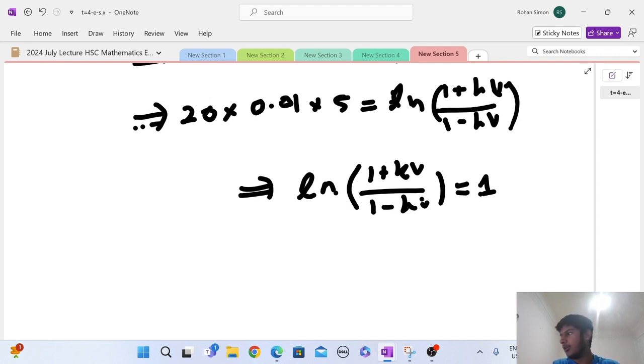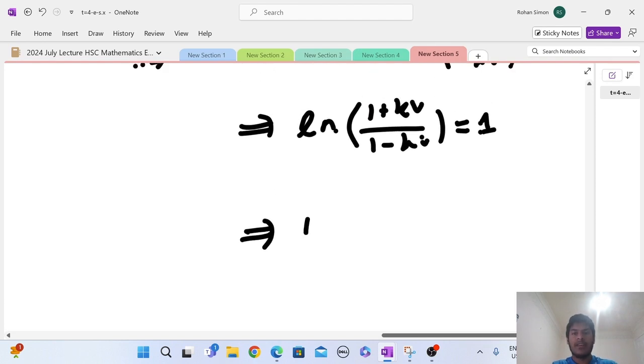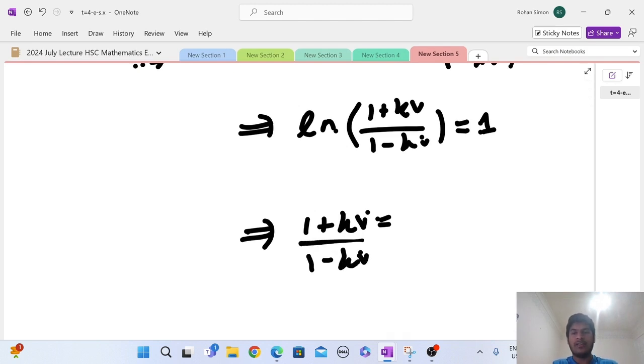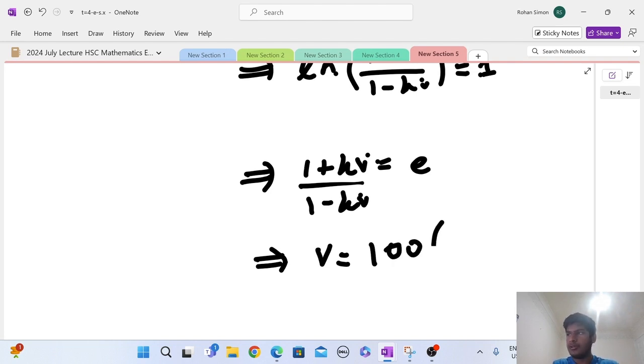And so if we exponentiate both sides, we end up with (1 plus kv)/(1 minus kv) equal to e. And again, if we sub in k equals 0.01, doing a bit of rearranging, and I'll skip the rearranging steps, you end up with v equals 100(e minus 1)/(e plus 1), which is 46.2 meters per second.